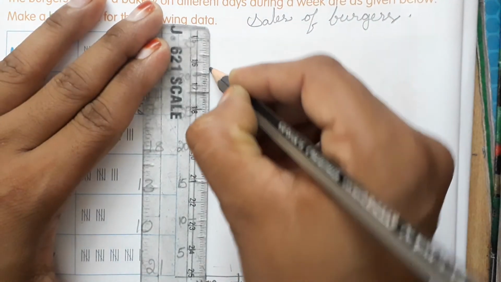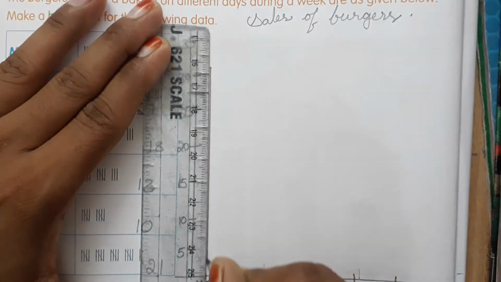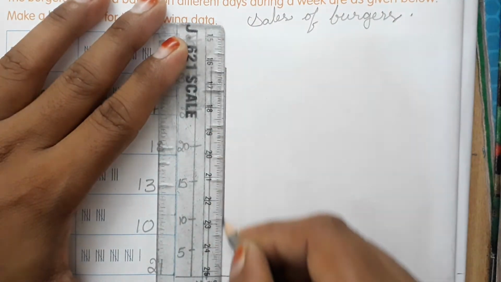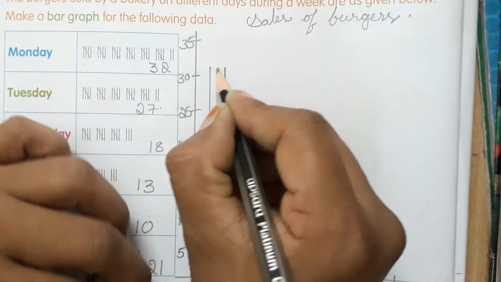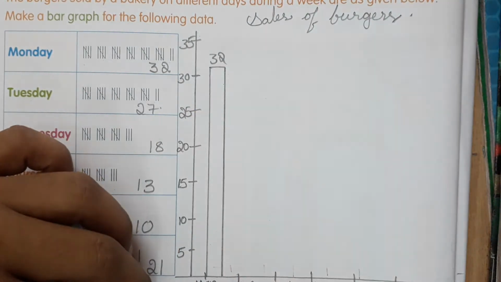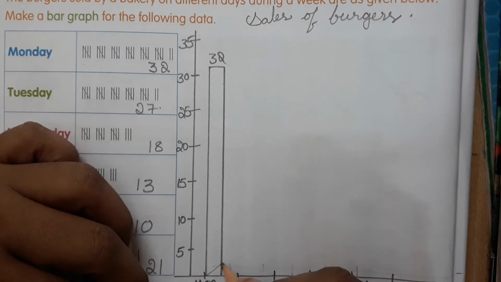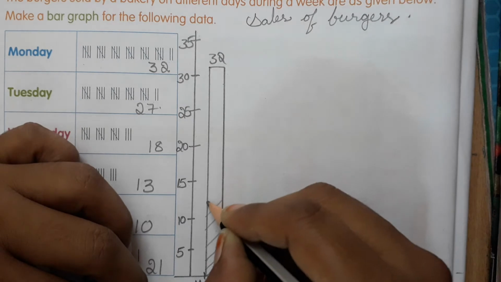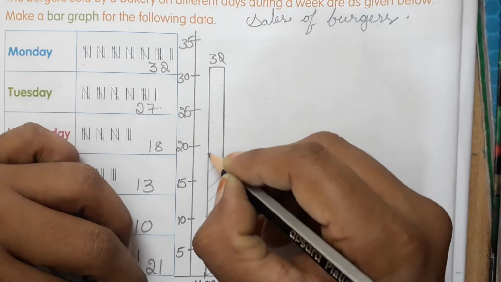Take a scale, draw like this, children. So 32. So you have to draw lines like this or you have to shade the bar also.